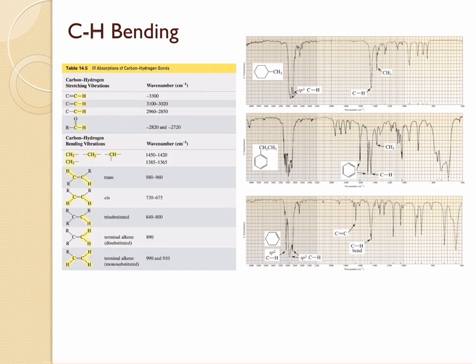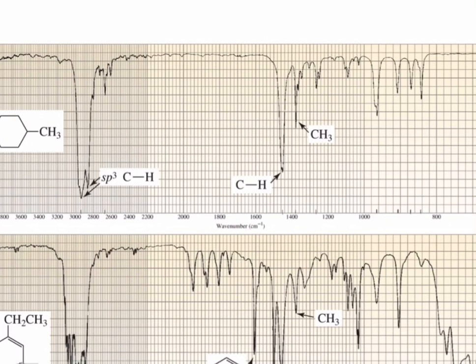CH bending vibrations. If a compound has sp3 carbons, we need to look around 1400 centimeter inverse to find out whether there is any methyl group present. Now let's take a look into this compound. This compound obviously has got a methyl group, right? So what we are going to do here is drop a line around 1400.